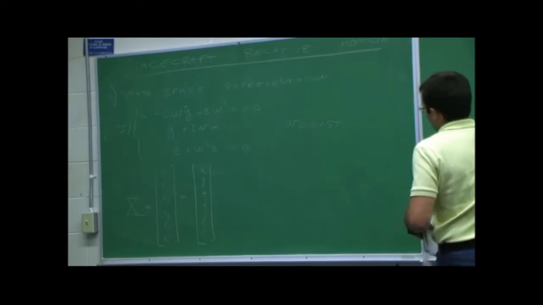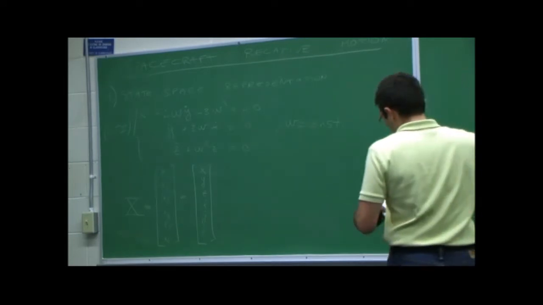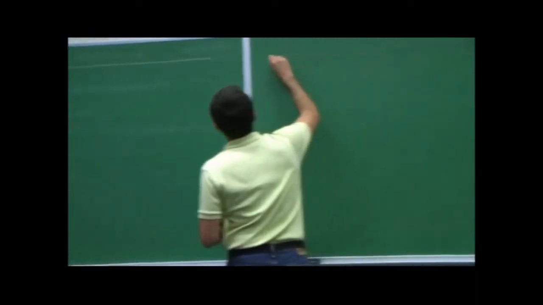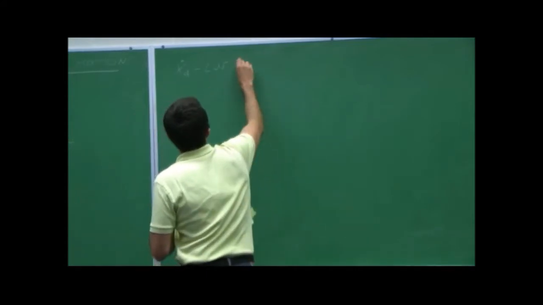Okay. With this substitution, I'm not doing anything particularly strange here. I'm just defining a new variable, big X. You go into those equations and you get, what do you get? X double dot will be x4 dot, right? And then you have minus 2 omega, y dot is x5. So I'm basically going to remove x, y, and z and the time derivatives, and I will just have the new variables. So that's x5. What else?